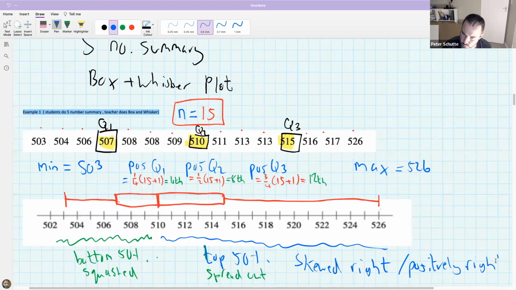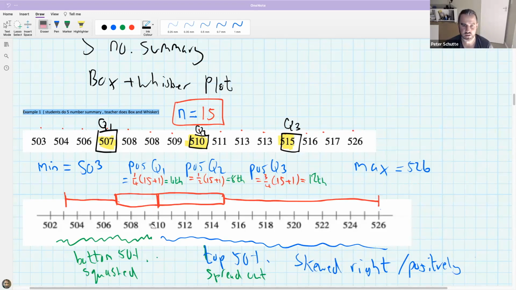So sometimes you have to describe what you see, and this distribution is said to be skewed to the right or positively skewed because it's more spread out in the top 50% than the lower 50%.